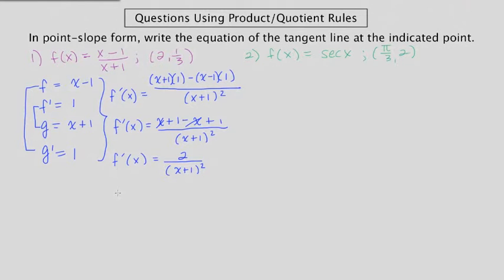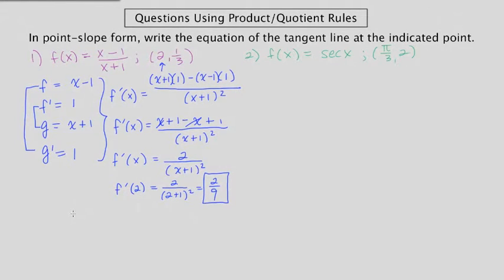To write the equation of a line, we need the slope, and this is where the derivative comes in. Now the indicated point is when x is equal to 2, so we're going to plug that in for x. And we end up getting 2 over 2 plus 1 squared, which is 2/9. So that's the slope of the tangent line at that point.